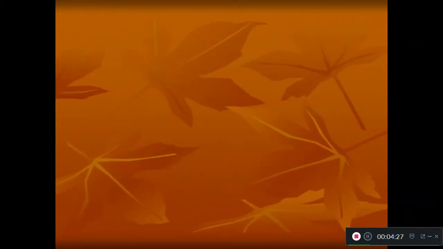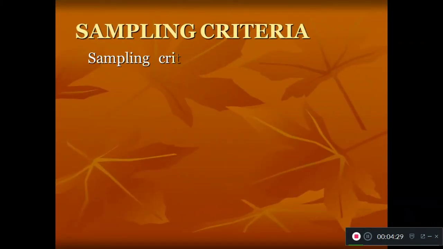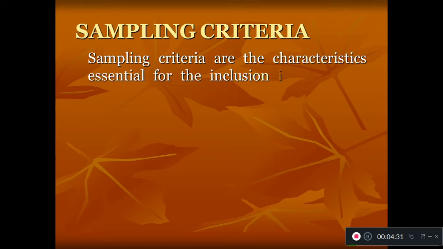So next important thing we have seen yesterday, the sampling criteria. So for selecting sample, there are some criteria. These criteria can be divided into inclusion criteria and exclusion criteria. So the inclusion criteria tells who are all will be our samples.